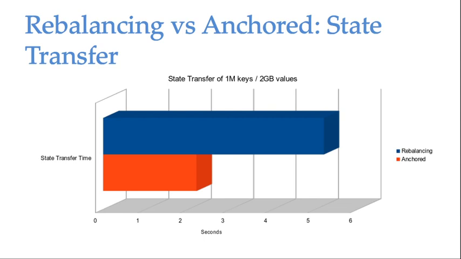The blue bar shows the rebalancing algorithm taking about 5 seconds, and the anchored keys algorithm taking less than half that, just about 2 seconds. And it does this with a much lower CPU impact. So this is quite a good result.